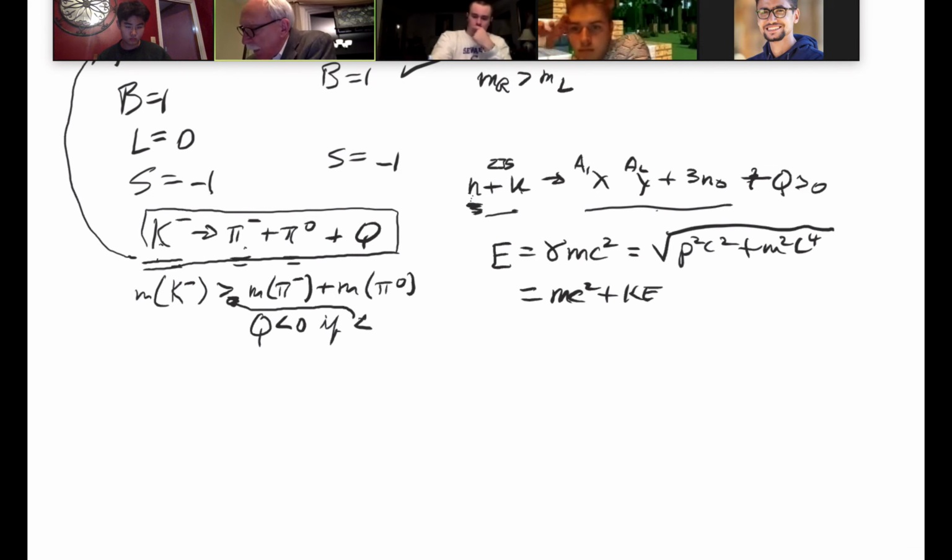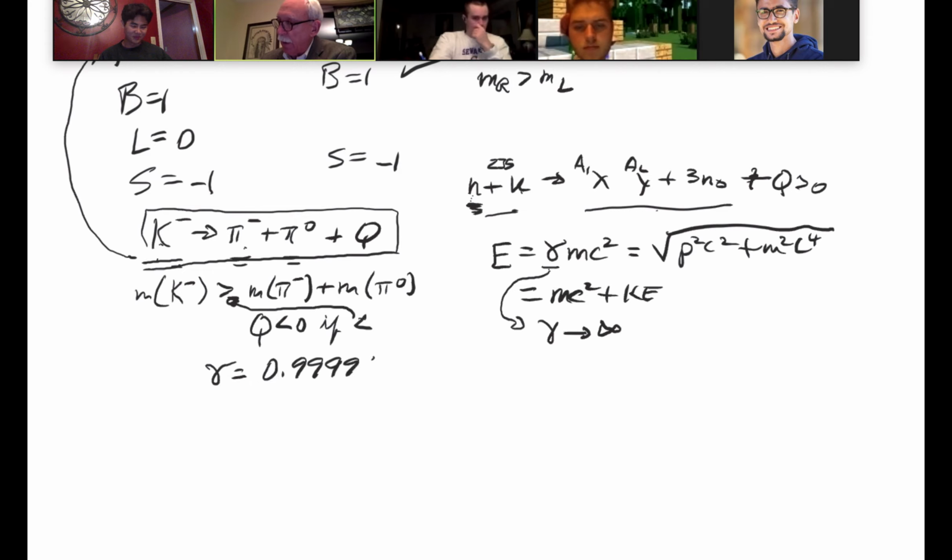So gamma can go to infinity. So you'll never have a particle that has to move faster than or even equal to the speed of light. Now at CERN, I believe their beta is 0.9999997 or something like that.